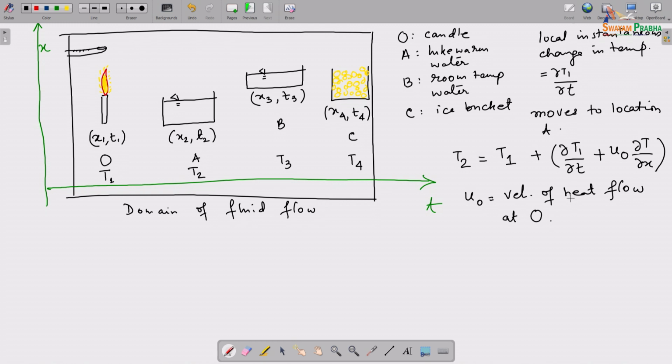This heat transfer is basically between my hand and the atmosphere around it. And this is at T2.